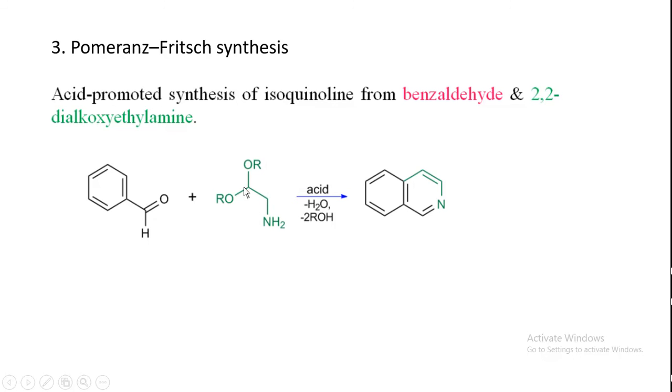Two alkoxy groups are at the 2 position, so dialkoxy, and it is ethylamine because of two carbons and one amine. Benzaldehyde reacts with dialkoxy ethylamine in the presence of acid, losing water and two molecules of the respective alcohol, methanol if the alkoxy is methyl, ethanol if it is ethyl, to give isoquinoline.